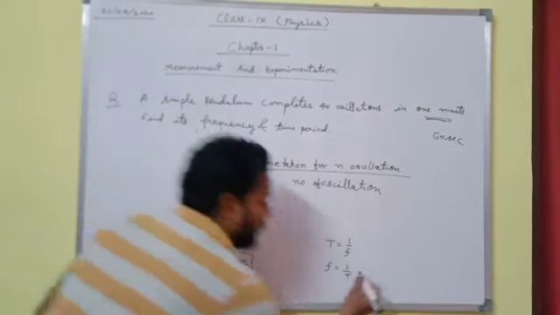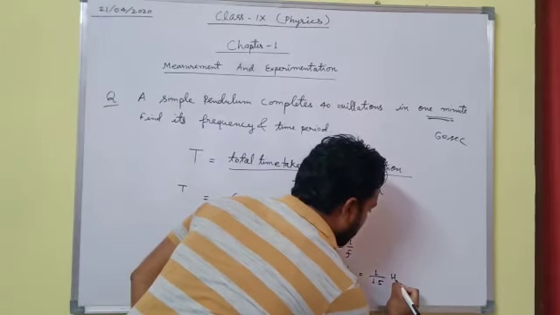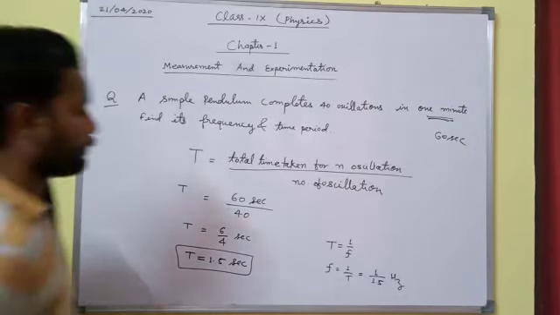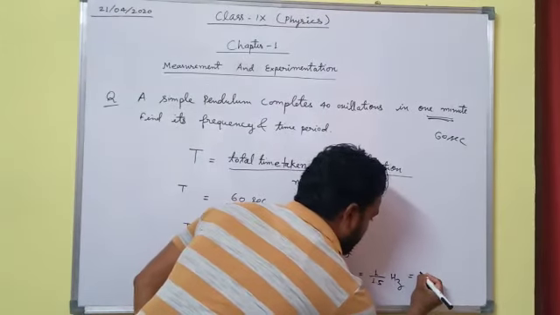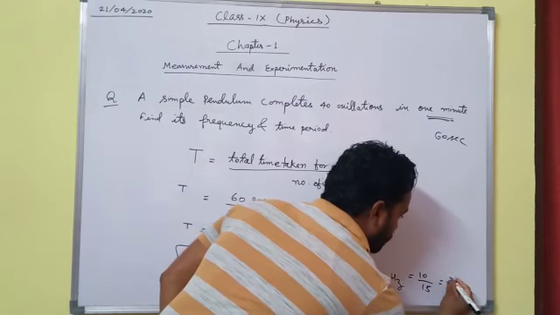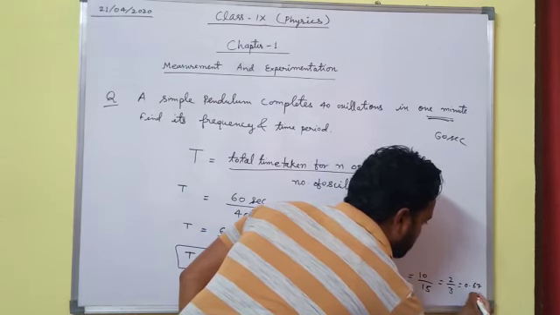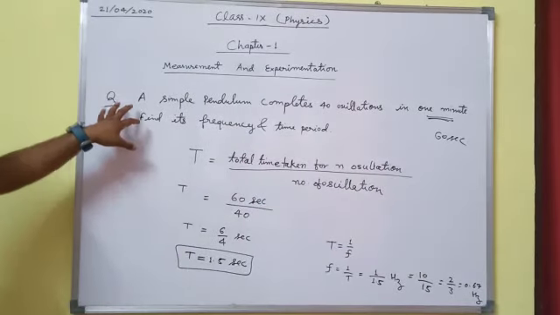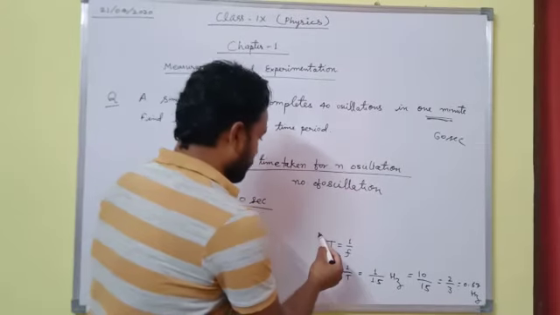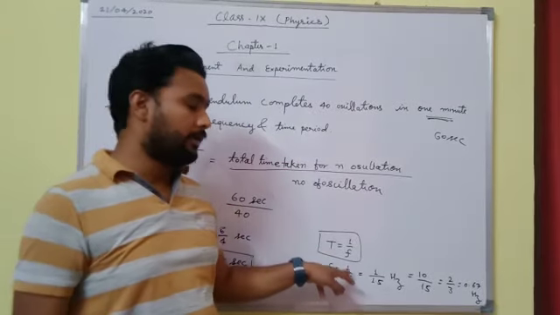Now putting the value of T as 1.5, we have frequency 10 upon 15, 2 by 3, 0.67 hertz. In this numerical we find the time period using this formula and the frequency using F equals 1 upon T.